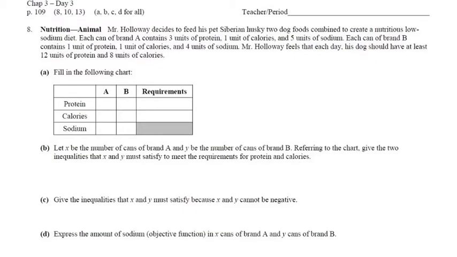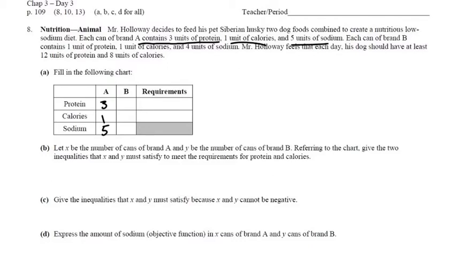Okay, so let's start by taking the numerical values from that scenario and completing this chart. For brand A, it looks like that has 3 units of protein, 1 unit of calories, and 5 units of sodium. So I'm going to put a 3 there, a 1 for the calories, and 5 right there.